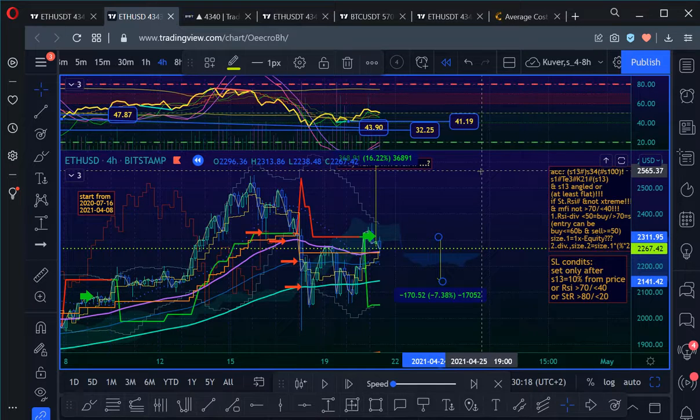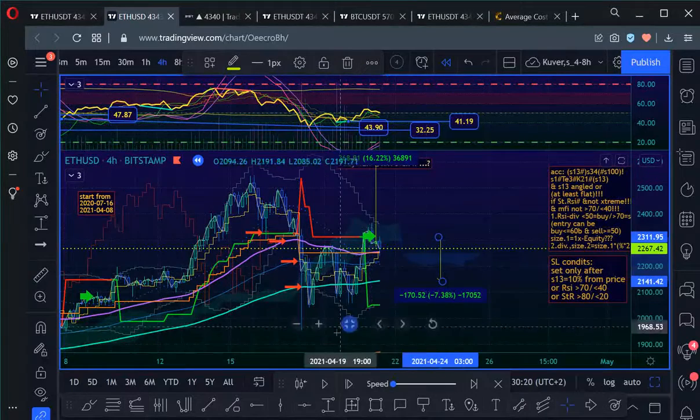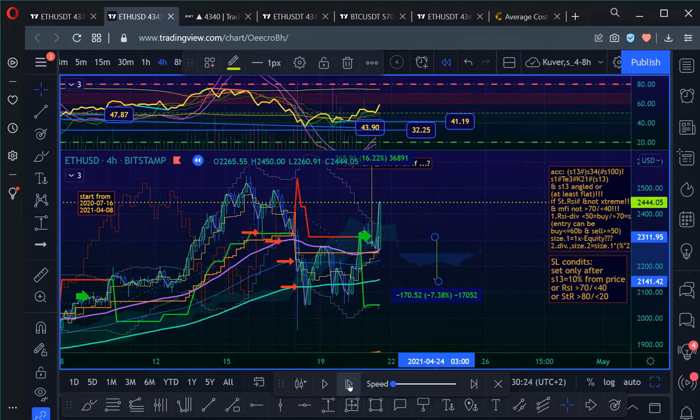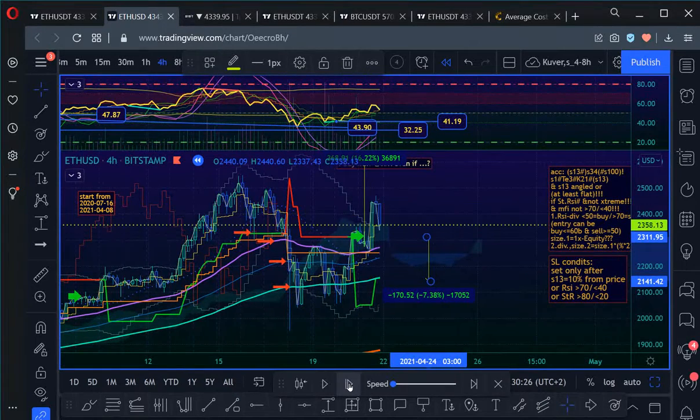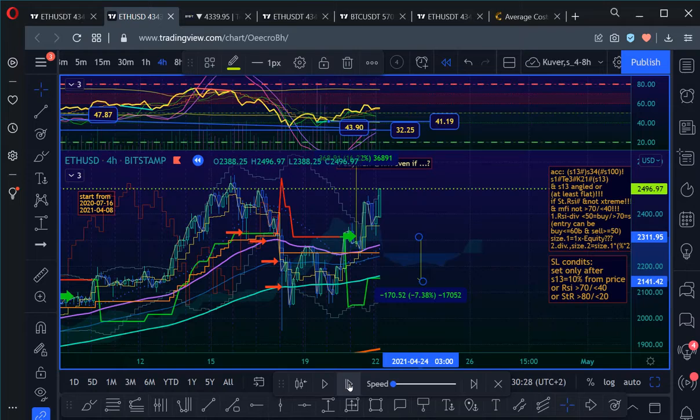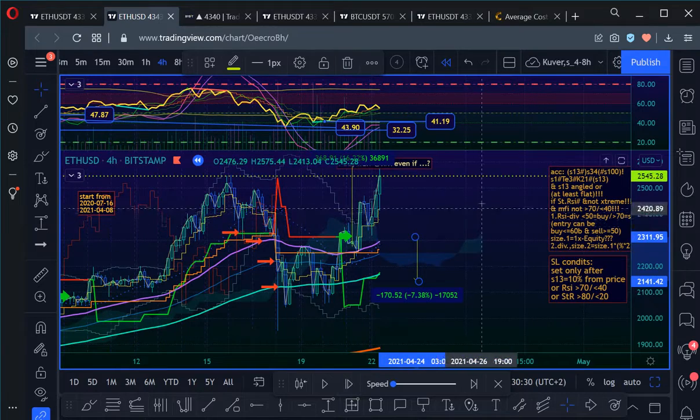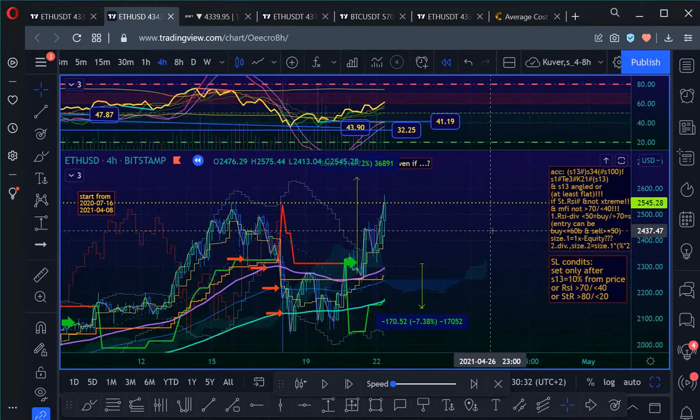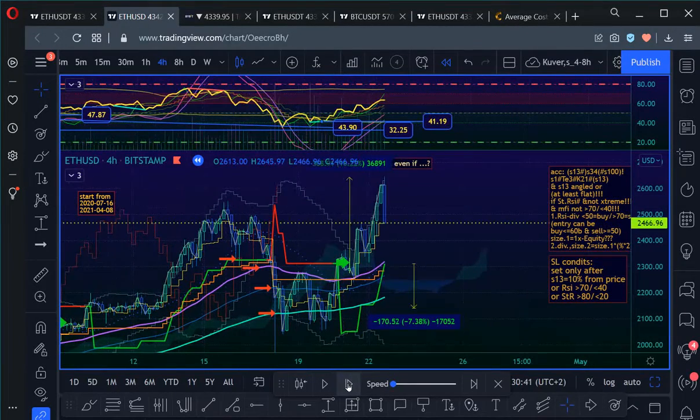But let's for now assume we play with the 1x, okay? No leverage really. So it goes in the right direction. And also we have to consider if we should put some take profits or not, and when and where. But I will let the price move a little bit further.